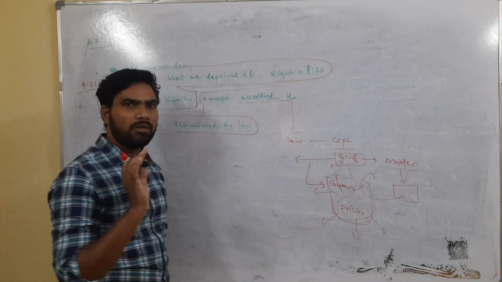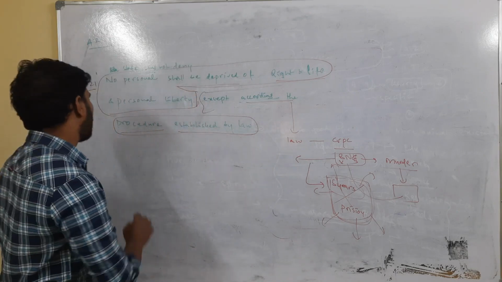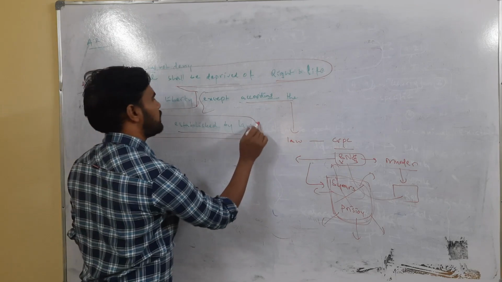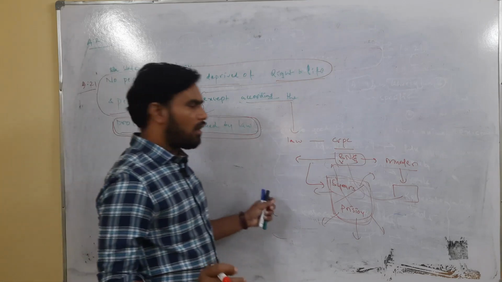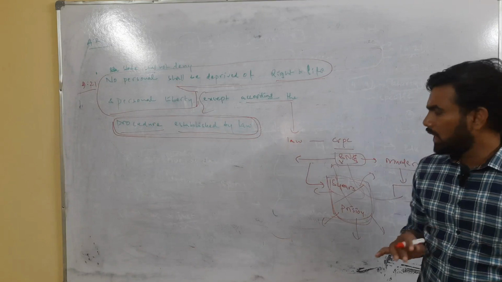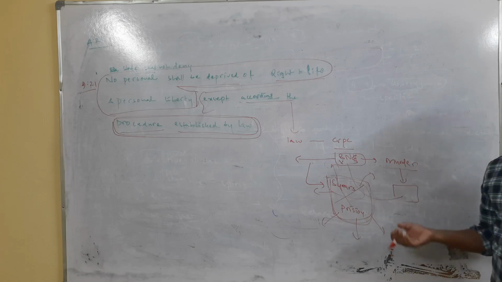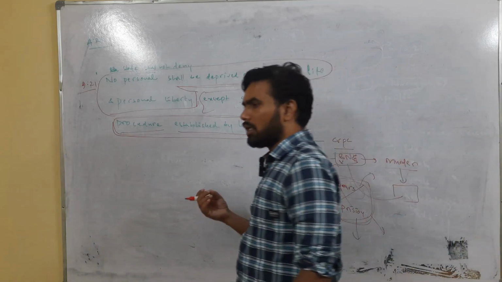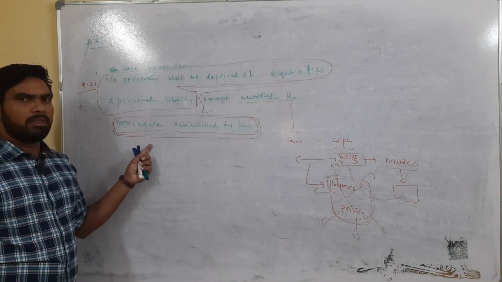My right under Article 21 has been taken away. That is the meaning of procedure established by law. So the state cannot take away our right to life and personal liberty, except according to the procedure established by law.